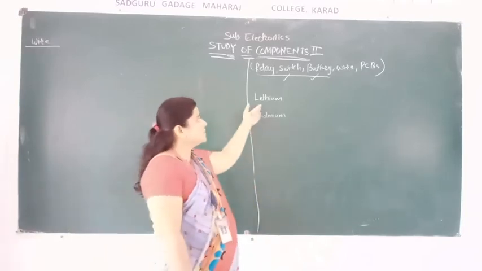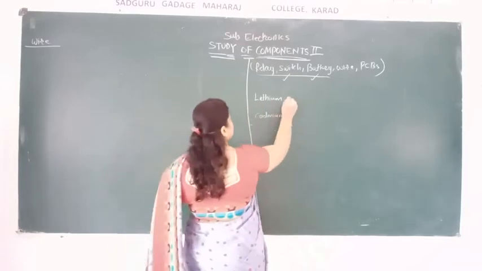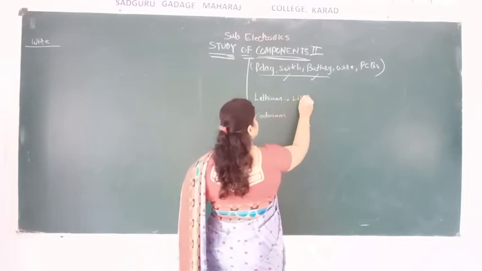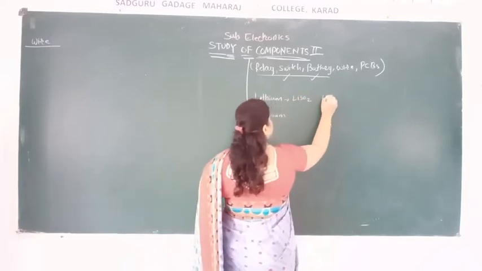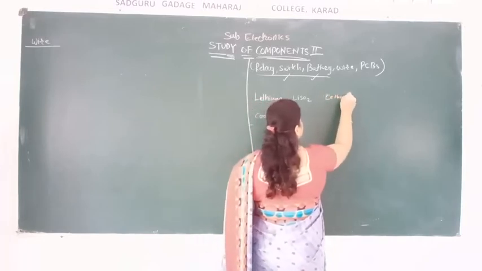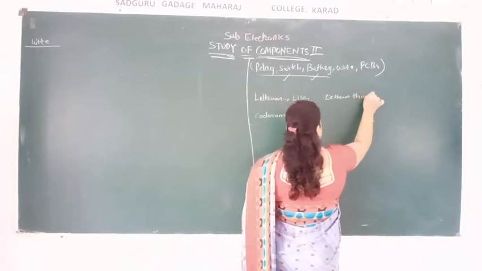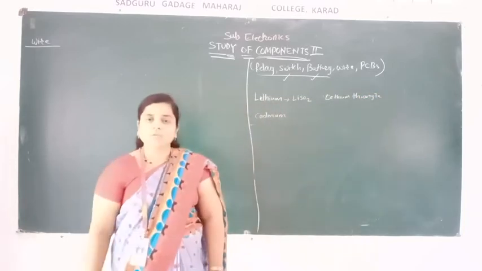This lithium cell is divided again into two types, lithium sulfur dioxide and lithium thionyl chloride.